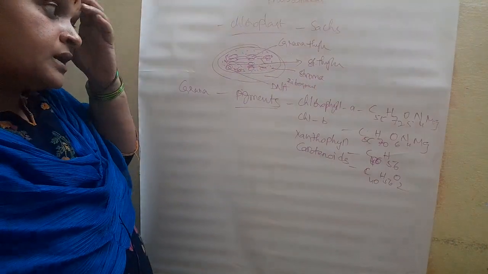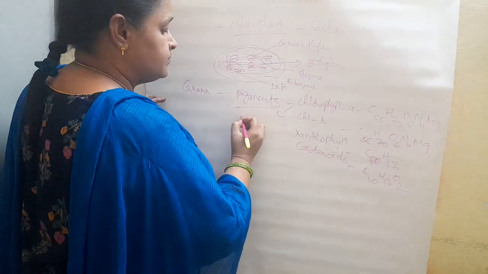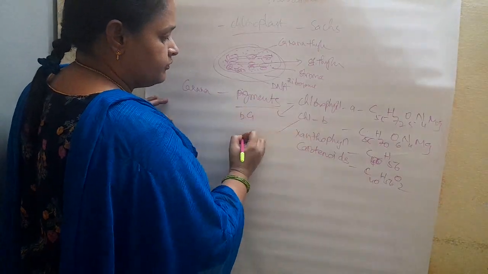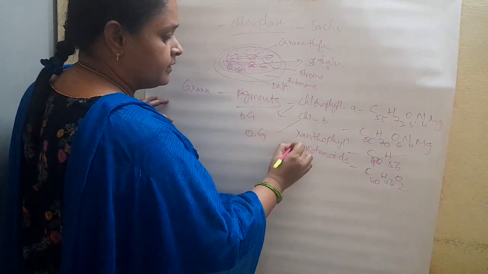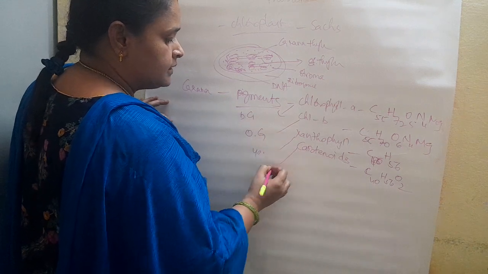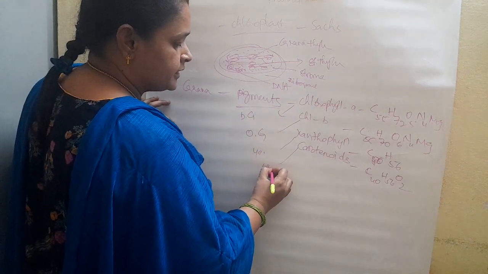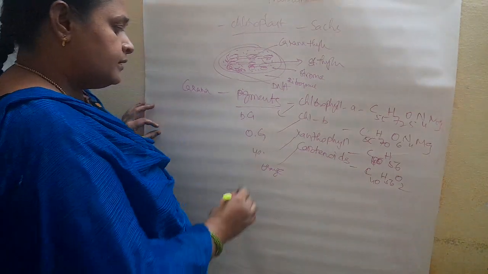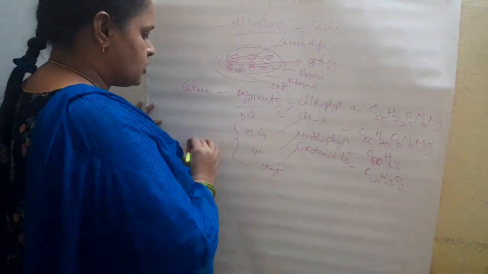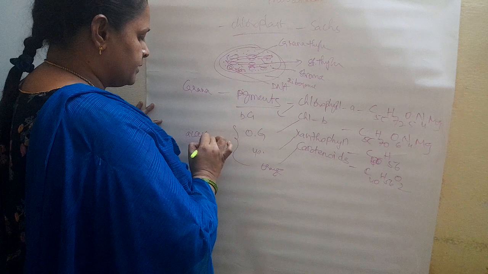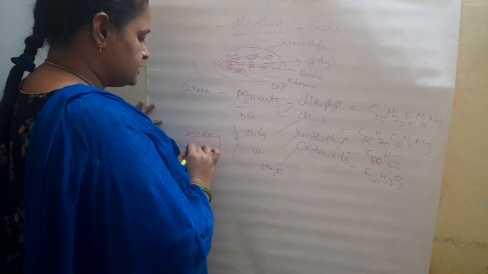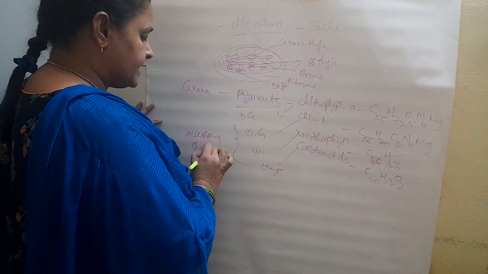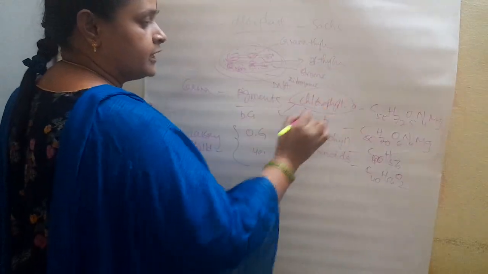Chlorophyll A is blue green, chlorophyll B is olive green, xanthophylls are yellow, and carotenoids are orange pigments. These are called accessory pigments or shield pigments, that means they protect the chlorophyll A molecule.